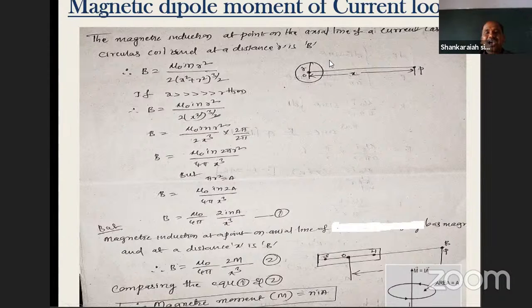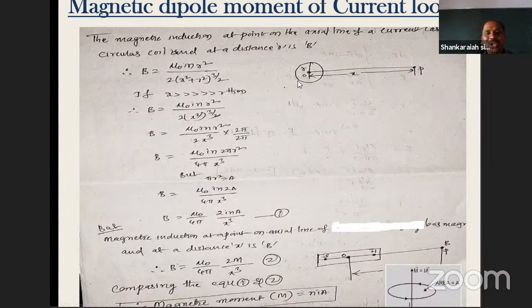Sir, how is this? A coil acts as a dipole. Very important points are here.